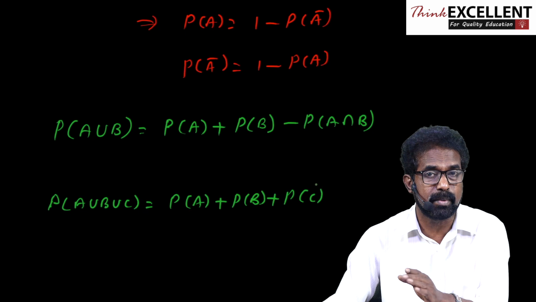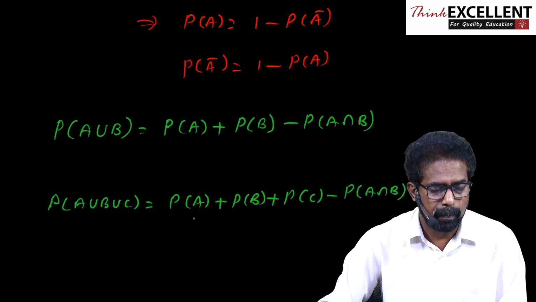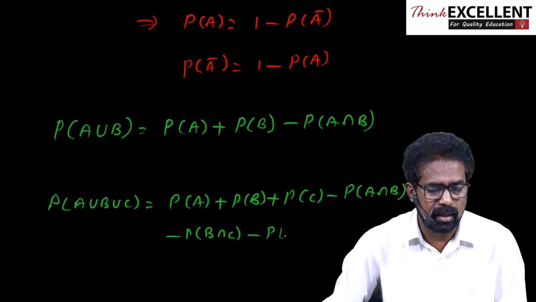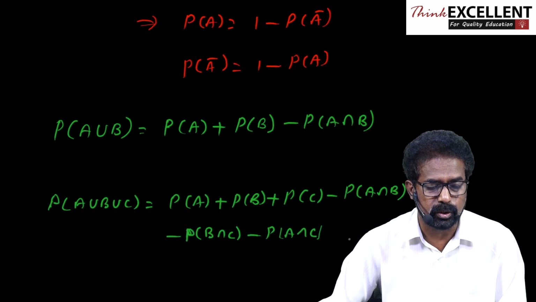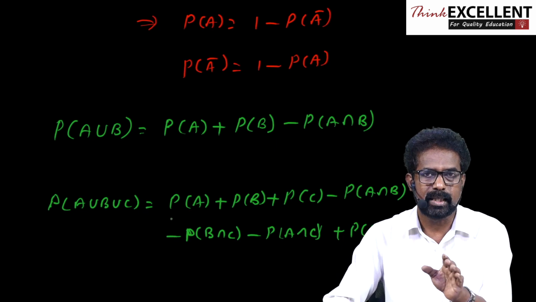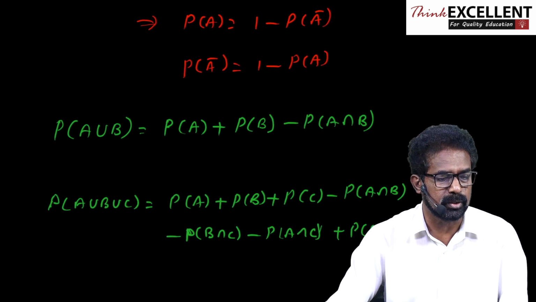Now we take 2 at a time, everything negative: minus P of A intersection B, minus P of B intersection C, minus P of A intersection C. Now we take 3 at a time, there you write positive. So plus P of A intersection B intersection C. So you can remember easily: first 1 at a time, everything positive, 2 at a time, everything negative, then 3 at a time, again positive.